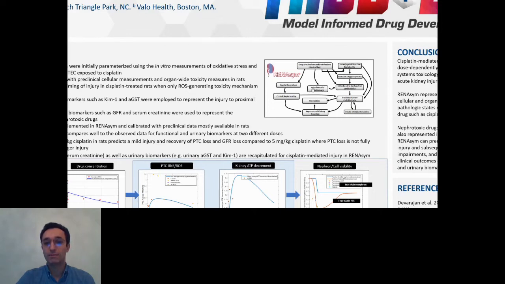One is oxidative stress, shown here, and we are using a third party to gather those in vitro measurements for us using a high content screening method, telling us how many reactive oxygen species are generated.